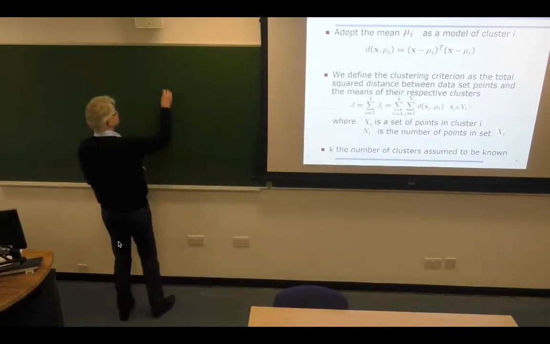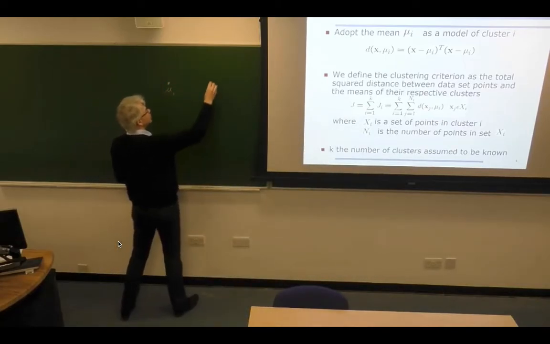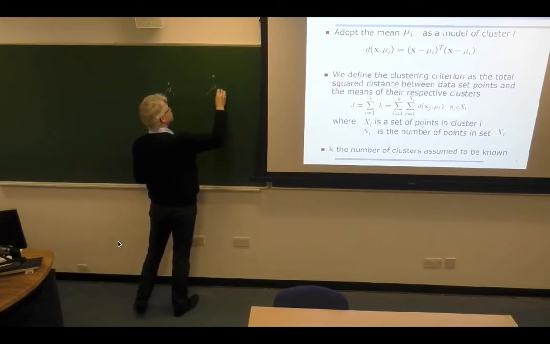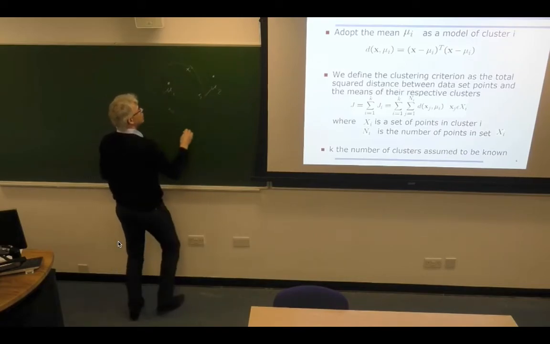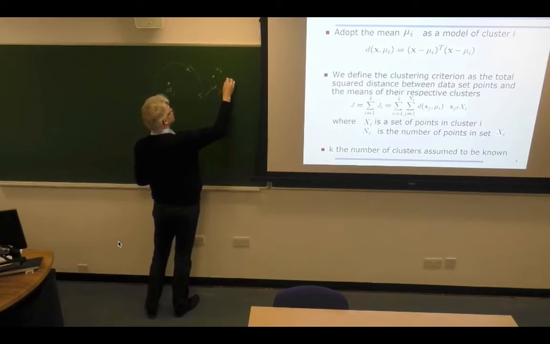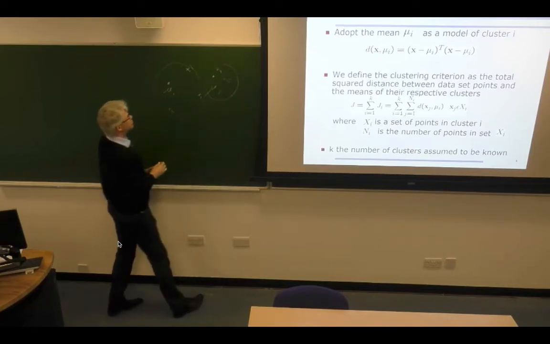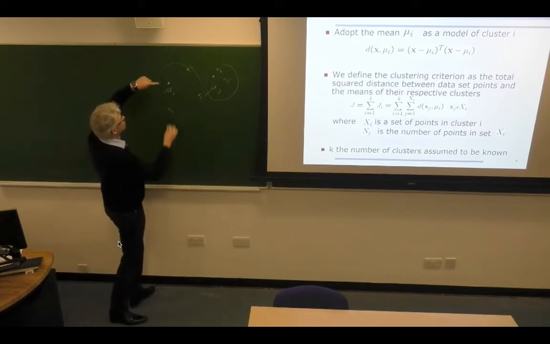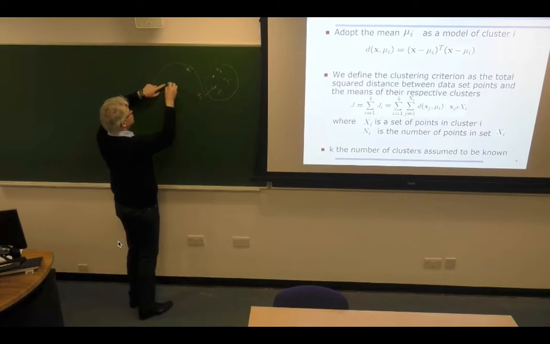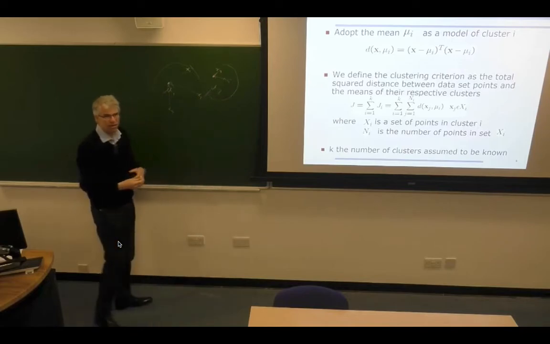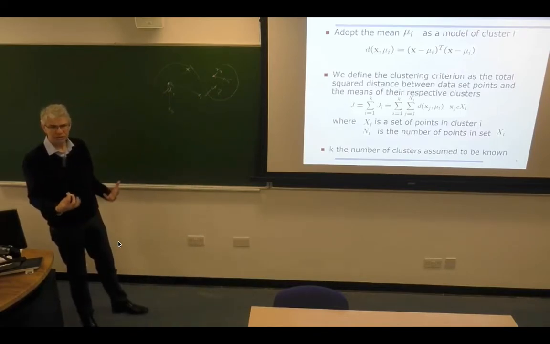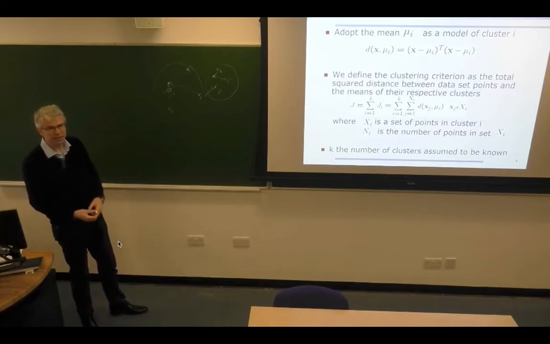So if we had a cluster mean here, mu1, and a cluster mean here, mu2, we could have data points x1, x2, x3 that were assigned to mu1, and we could have x4 and x5 that were assigned to mu2. So we would measure the distance of this point to that mean, this point to that mean, this point to that mean, and then this point to that mean, and this point to that mean. And this total sum will give us a measure of how good or bad this clustering is.